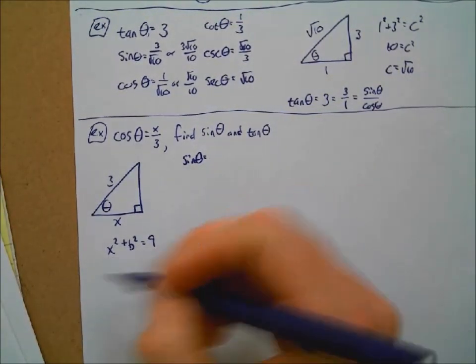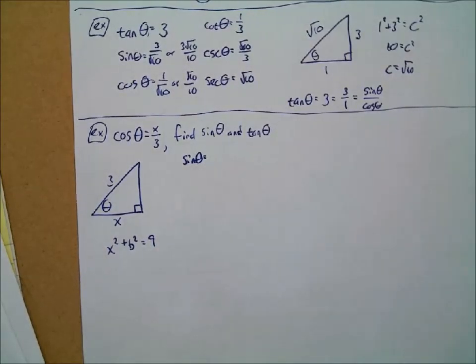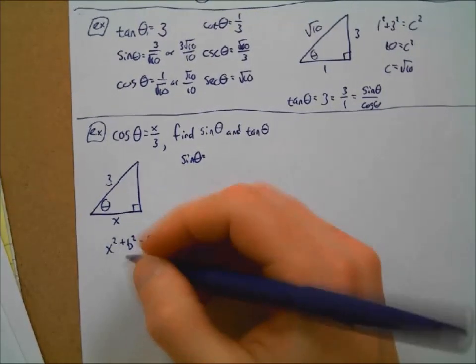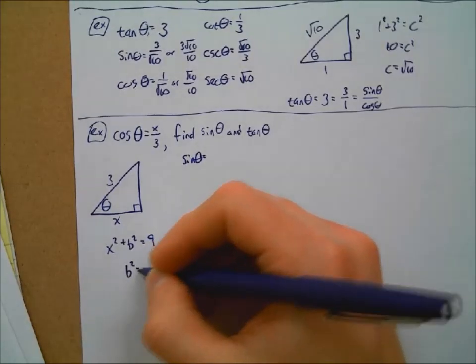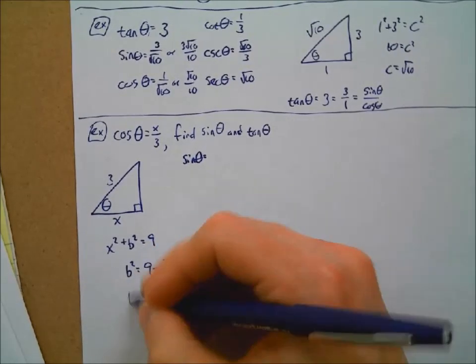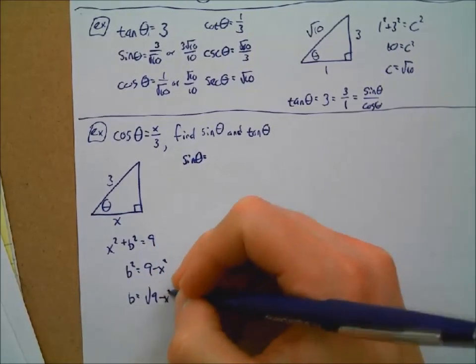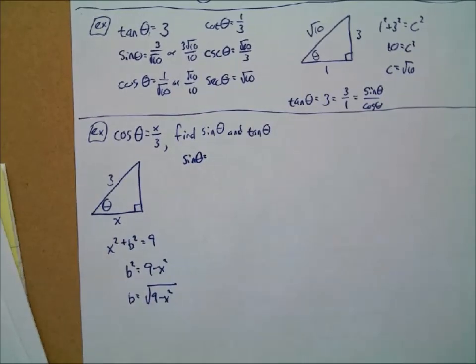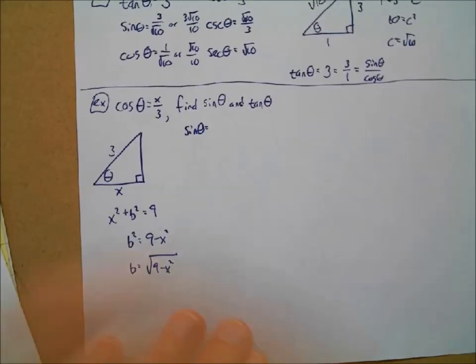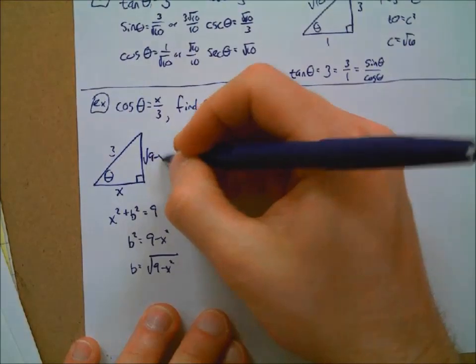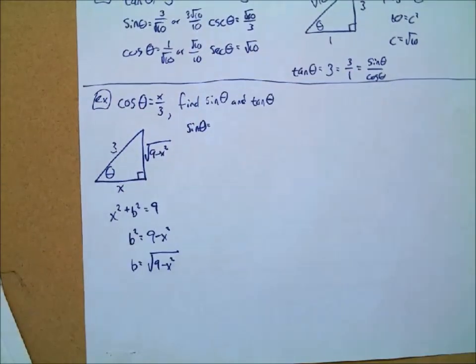B, right. Be careful, there are 2 variables here. We're going to get b by itself. So b is equal to the square root of 9 minus x squared. That's our side length, the best we can do.